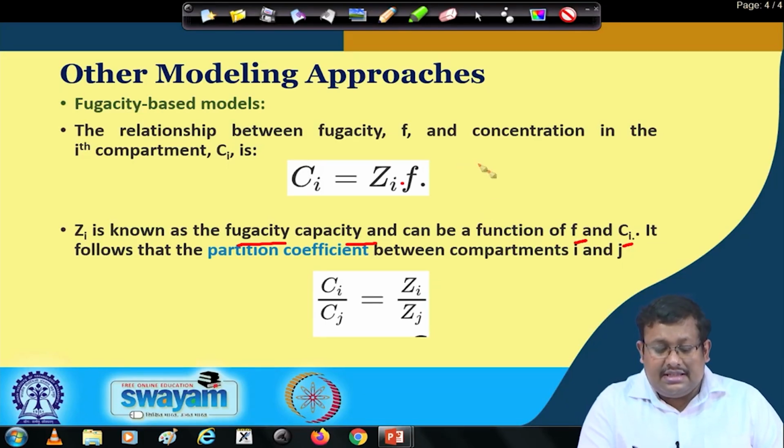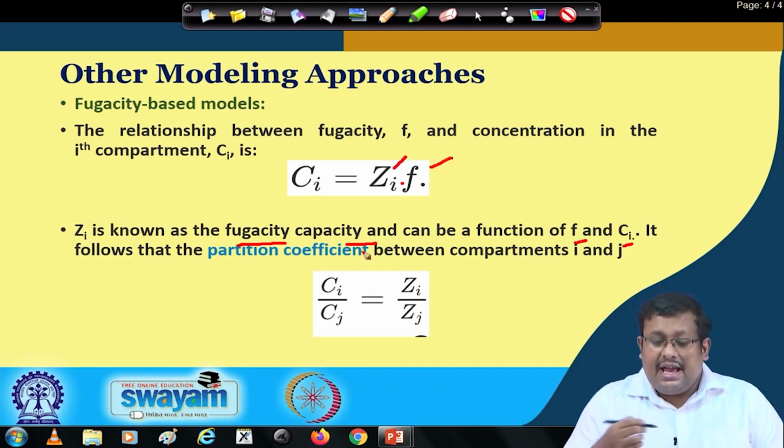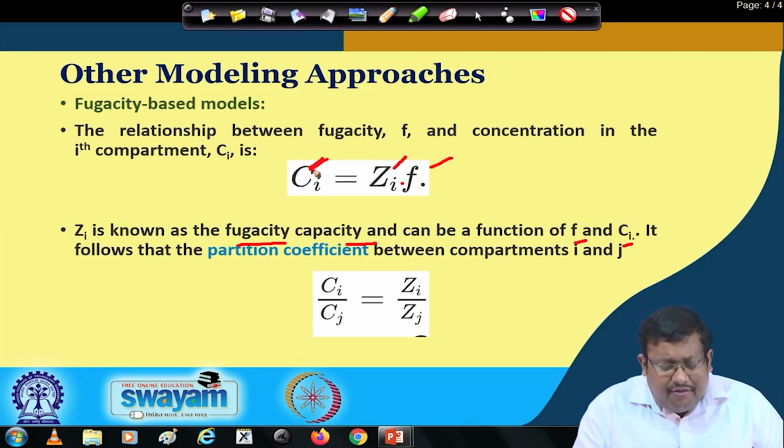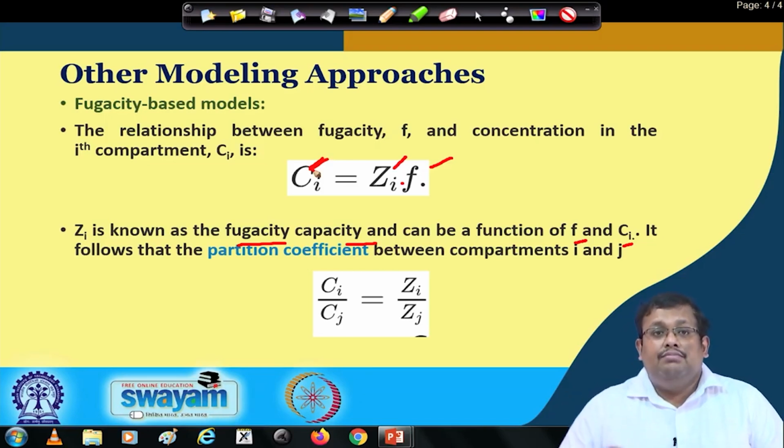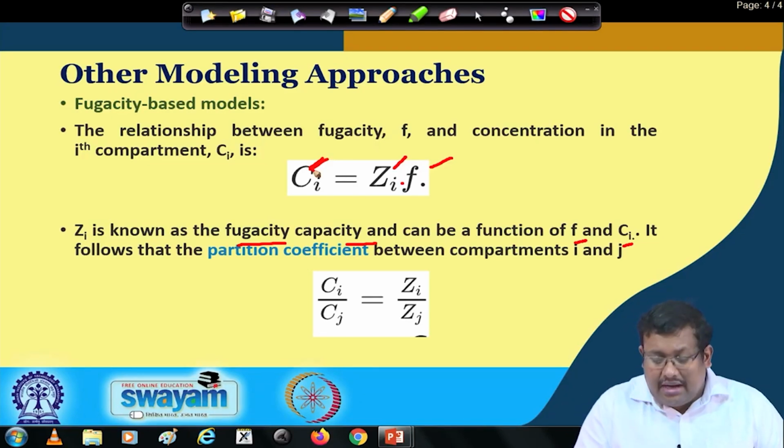So, basically this fugacity capacity is a function of fugacity as well as the concentration in the ith compartment.